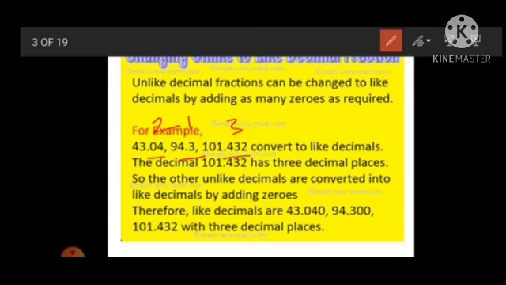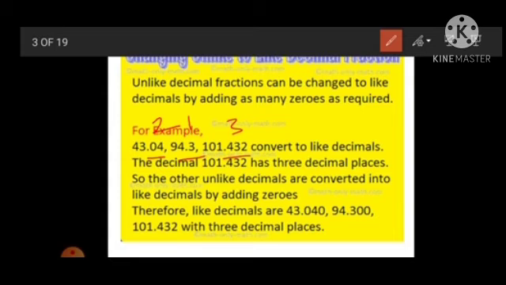Now, we convert them into like decimals. Which number has the most decimal places? 101.432 has 3 decimal places. So, the other decimal numbers we convert into 3 decimal places. What will we do? The other unlike decimals are converted into like decimals by adding 0.